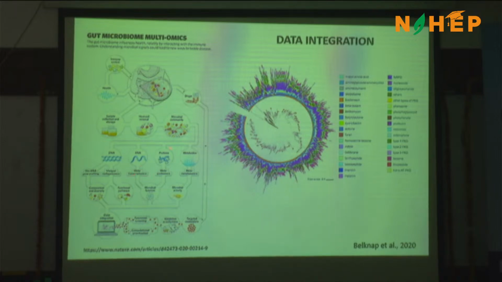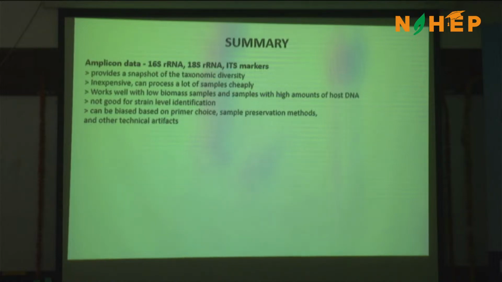We need metaproteomics, metabolomics, and then integrate all of it together to get the answer to your questions. I don't know if I have time to give the example, the endophyte microbiome. Yes? Then I will summarize later.